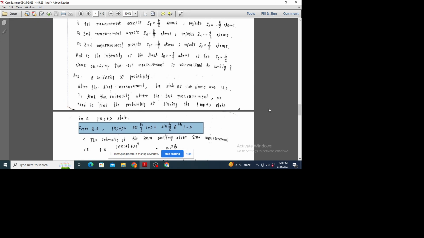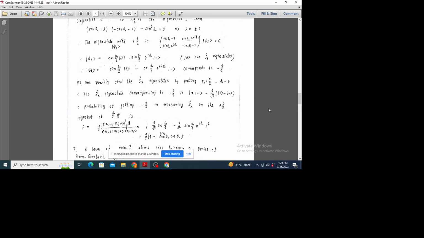And from question 4, we saw that this n plus state is nothing but this linear combination.